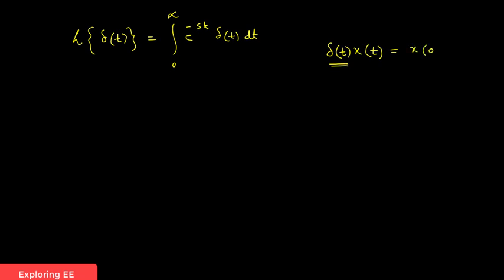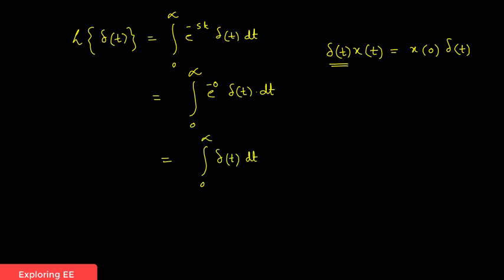This relation is equal to x(0) times delta t. We can write e to the power 0, which is unity, into delta t dt. E to the power 0 is 1, and the integral of delta t dt, that is the area of the impulse function, is also equal to unity. So the Laplace transform of an impulse is unity.